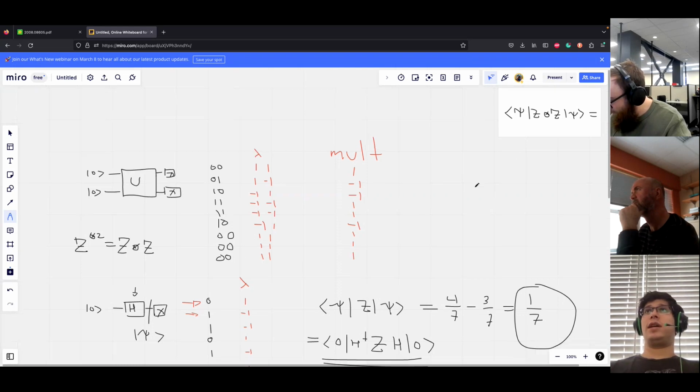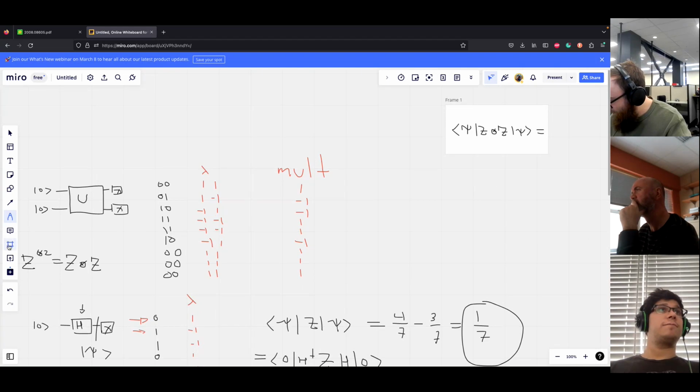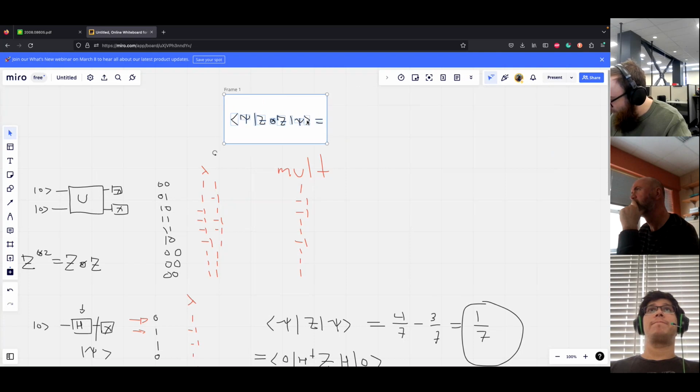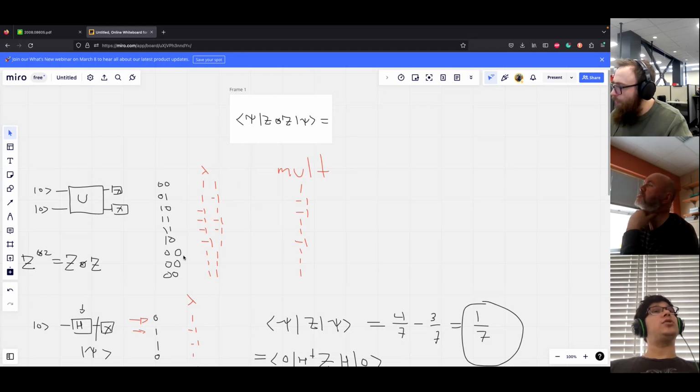Okay, now we need to compute this thing right here. The way to do it is we need to look at each different outcome, because we need to compute the probabilities of getting each one of the outcomes.